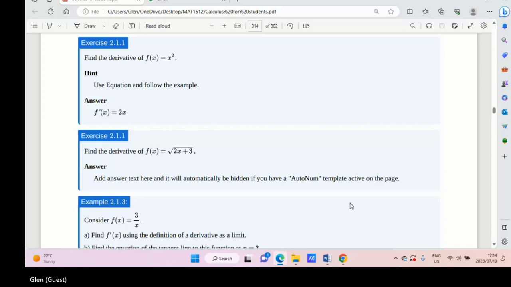I got -3x to the exponent of -2. So -3x to the power -2. I'm trying something here.